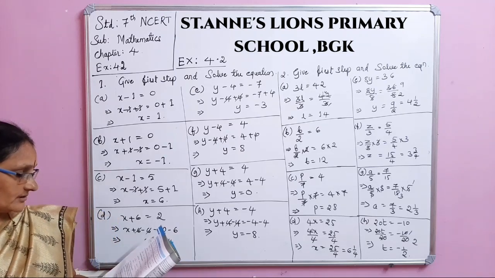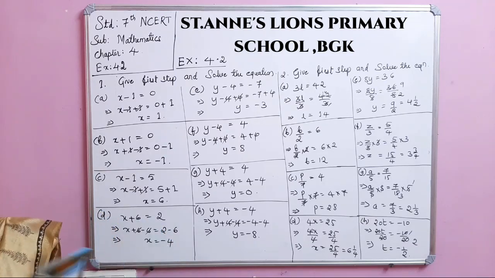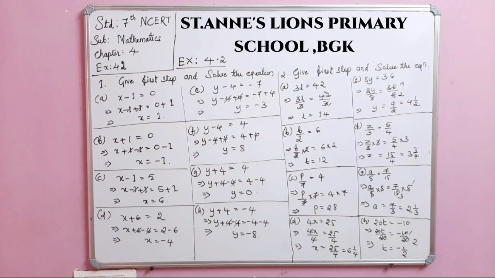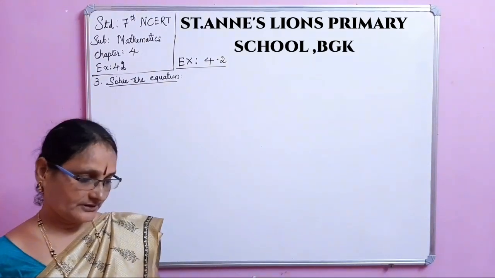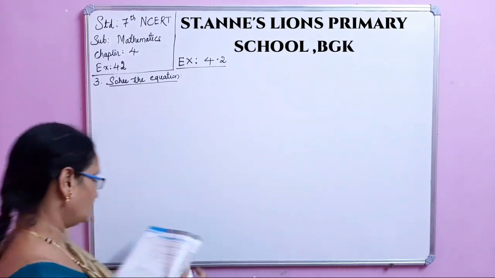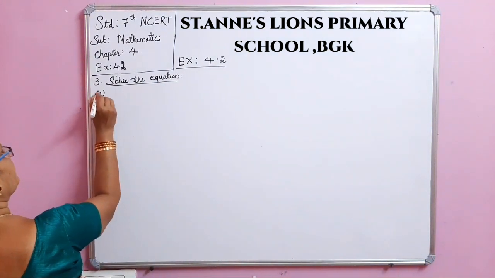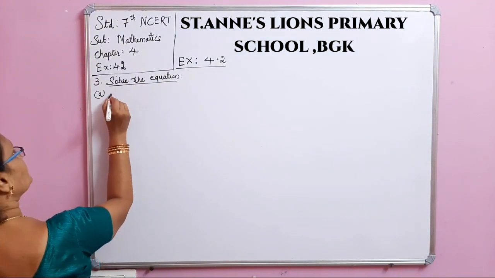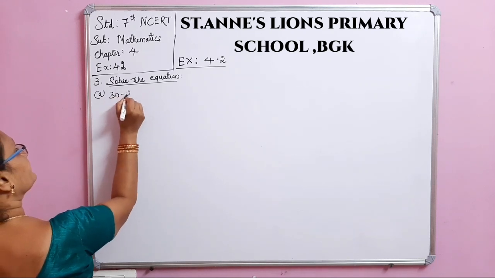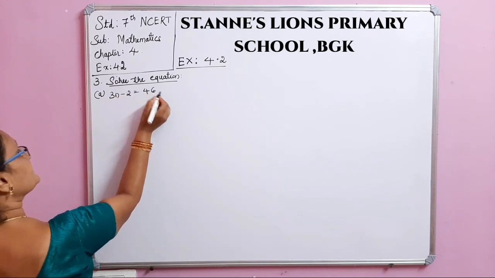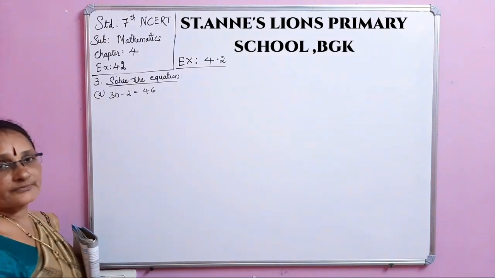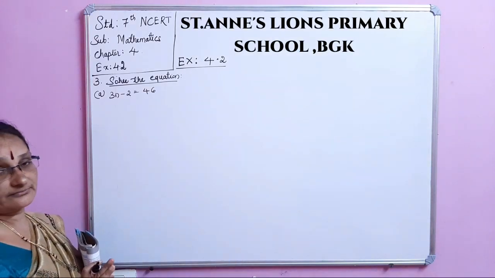Okay. Next, the third and fourth I will solve. You copy this. In the third main, solve the equation again. See, first one, 3n minus 2 is equal to 46. Now we have to separate the variable here.